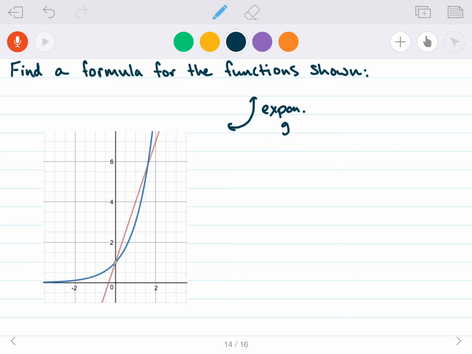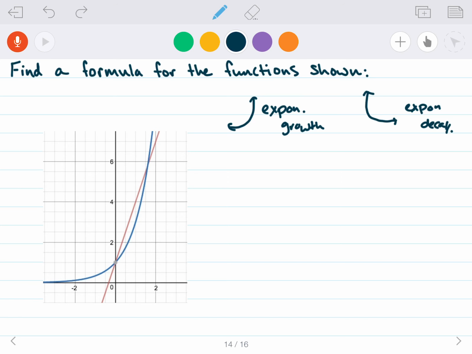And again, we're going to go more in depth with this next time, but this is exponential growth, so as time goes on, we're getting higher and higher, and then exponential decay is going to kind of look like this. So this is exponential decay. As time goes on, we get smaller and smaller, closer to the x-axis, usually. So that's exponential, and we also have a line right here.